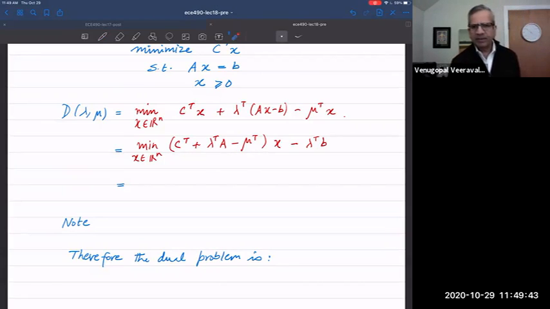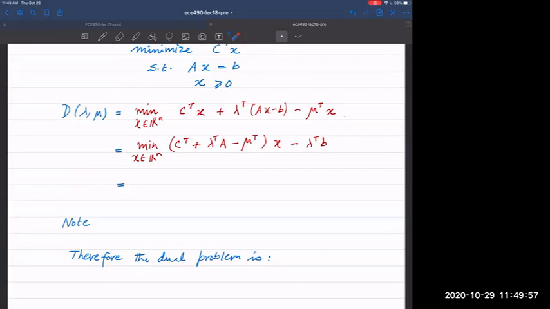If any of the elements of this row vector is non-zero, then what's the minimum over X of this function? Minus infinity.